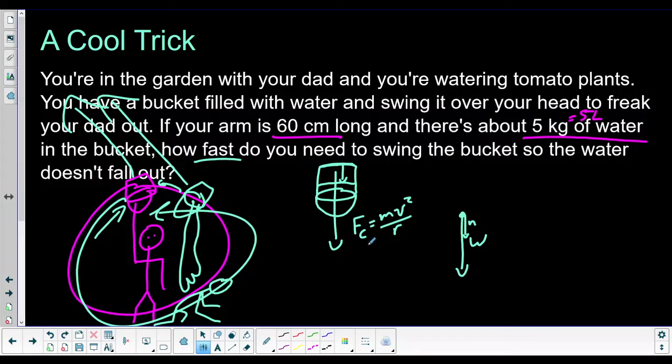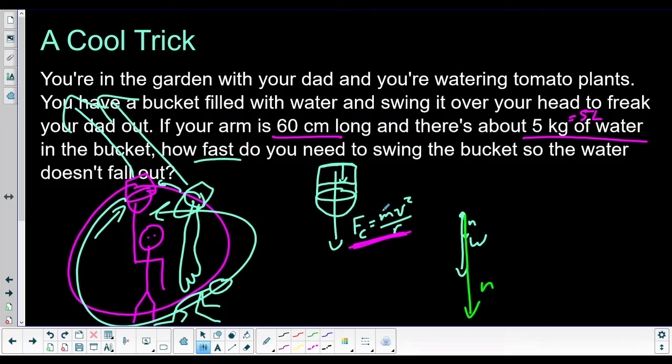So if we swing too fast, the normal force gets really big. If we swing too slow, then our gravity is stronger than the centripetal force, and it's not the right amount to go in a circle.